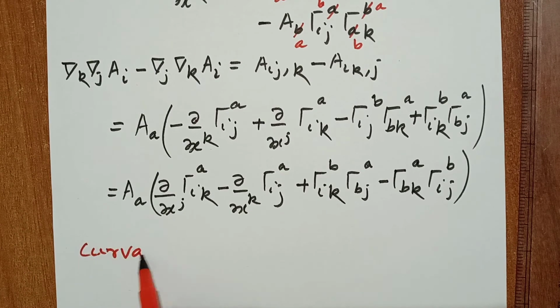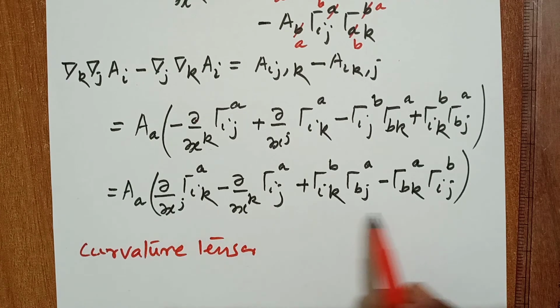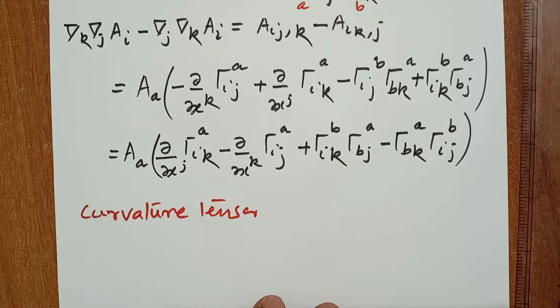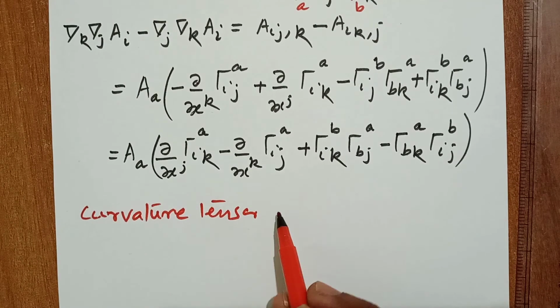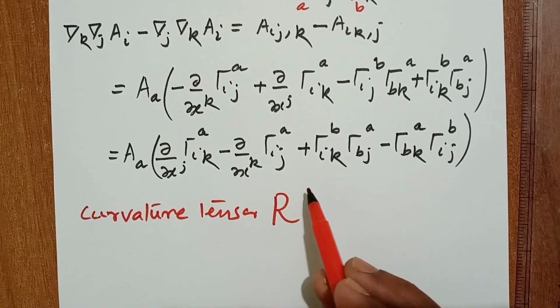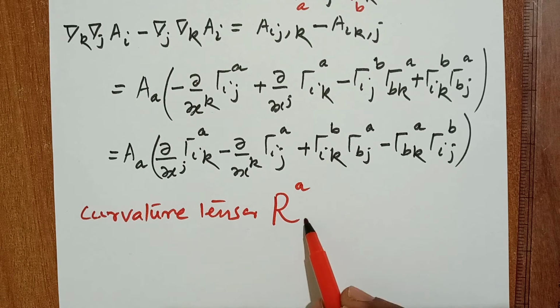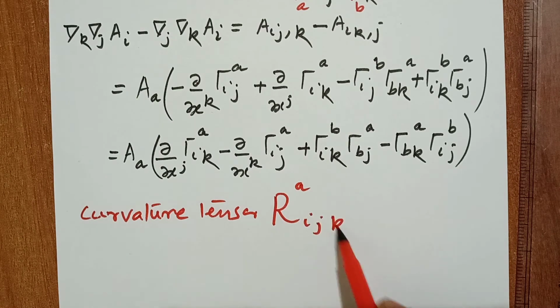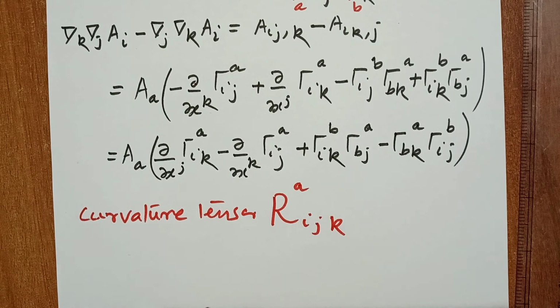Curvature tensor. This is the definition of the curvature tensor, with the notation R^a_{ijk}.